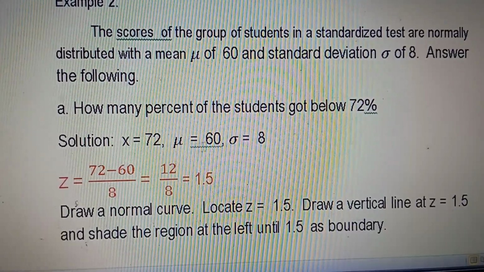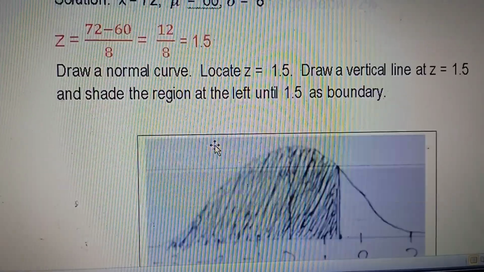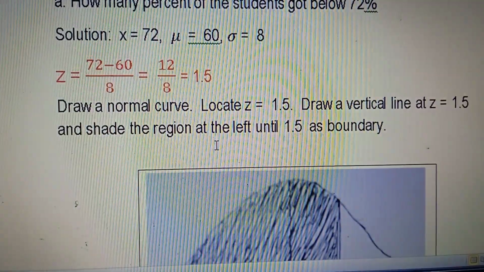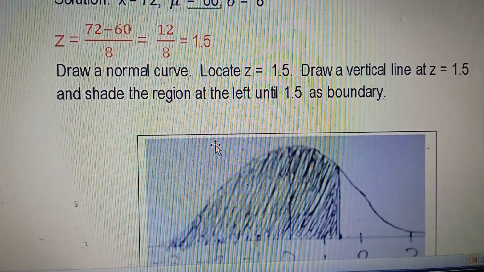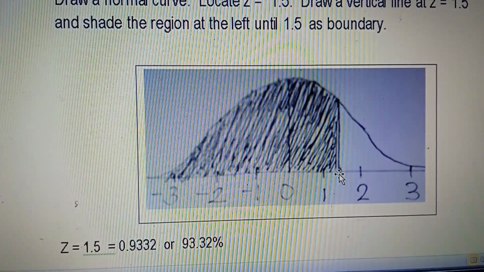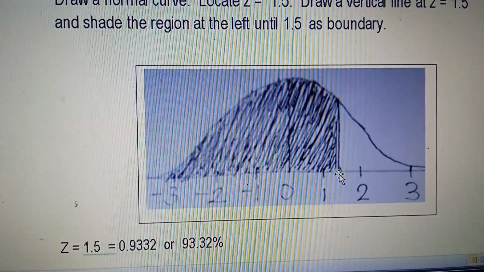So, let's draw a normal curve. The normal curve is here. Okay. So, 1.5 is here, approximately.